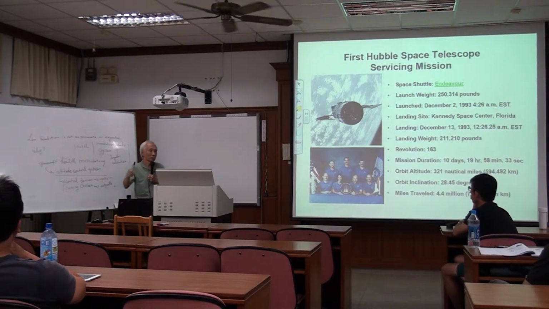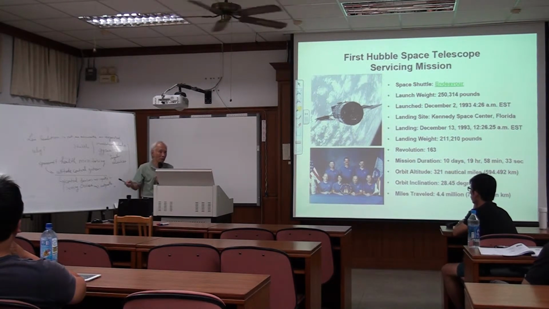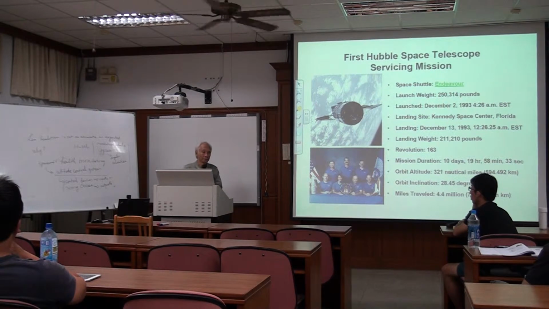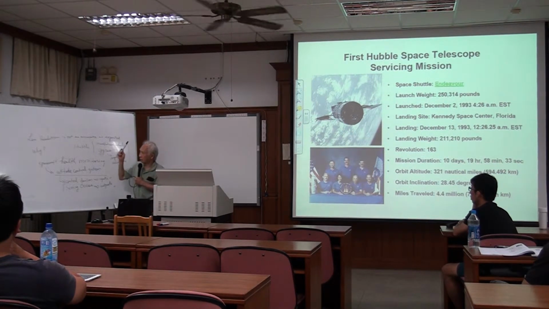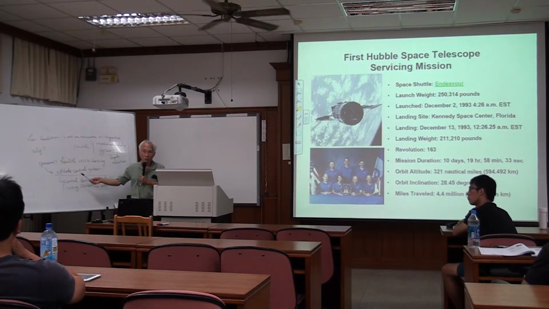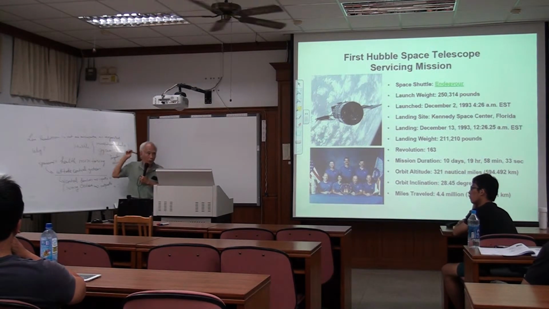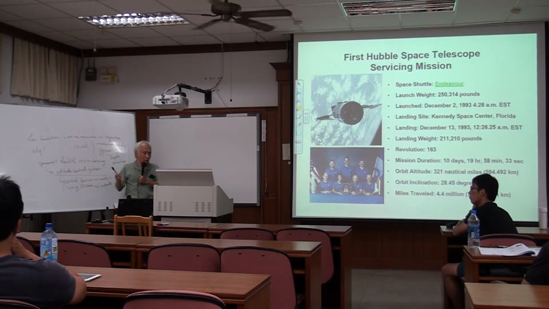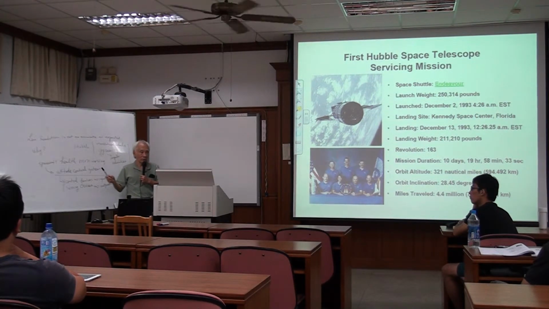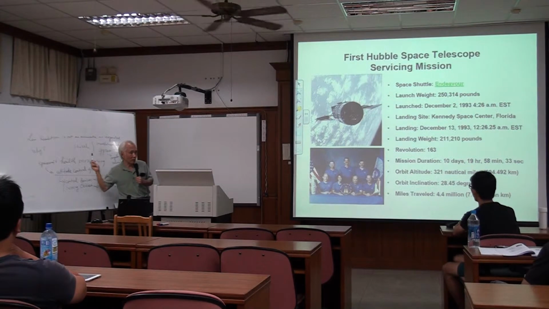From that, we can build a mathematical model for the Hubble. From that mathematical model, we will be able to compute the frequencies, mode shapes, and dampings of the Hubble spacecraft.